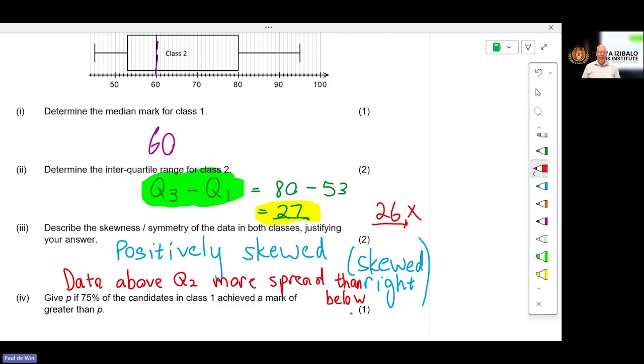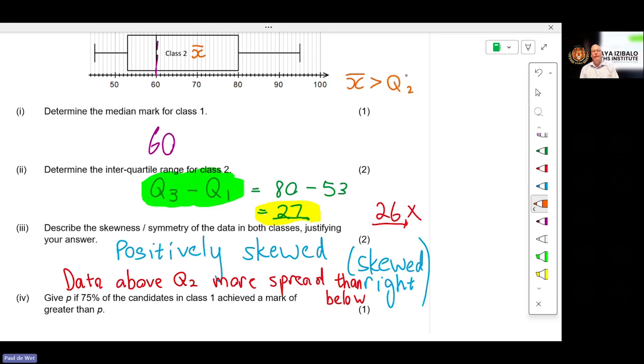Just an important idea here, guys. If data is positively skewed, then your mean will be bigger than your median. So that's worth writing down here. When data is positively skewed, your mean will be bigger than the median.